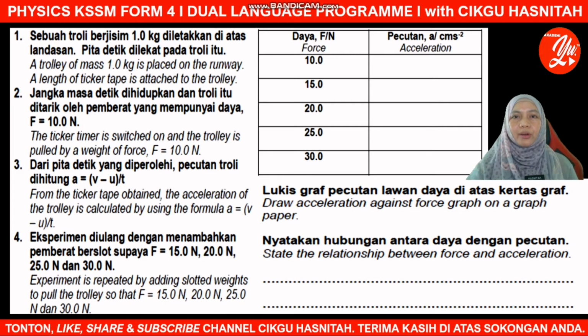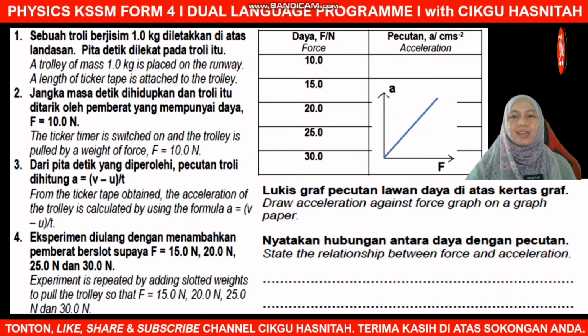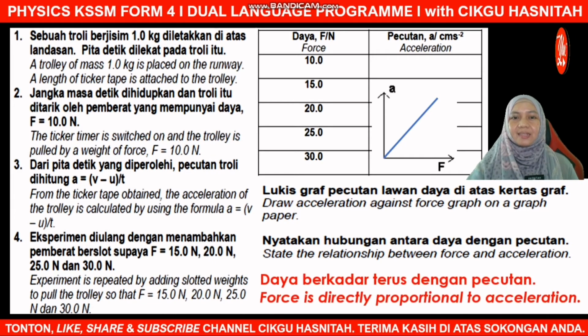So when you plot a graph of a against F, it will be a straight line graph starting from the origin. So this will give a relationship of, yes, force is directly proportional to the acceleration. So we have proved the hypothesis.